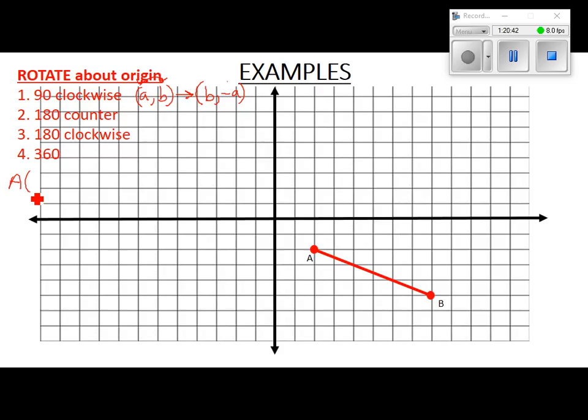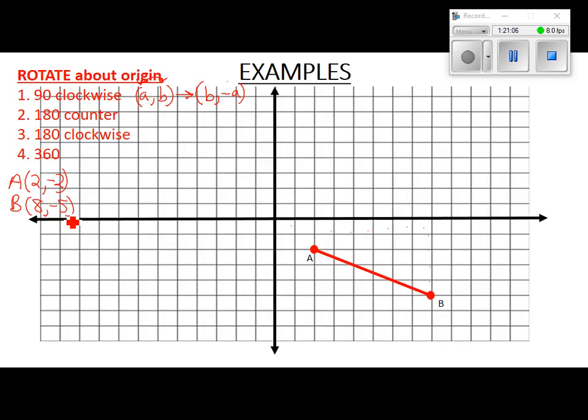A this time is 2, -2. And B is 1, 2, 3, 4, 5, 6, 7, 8, and down 1, 2, 3, 4, 5. So 8, -5. Those are our original points.